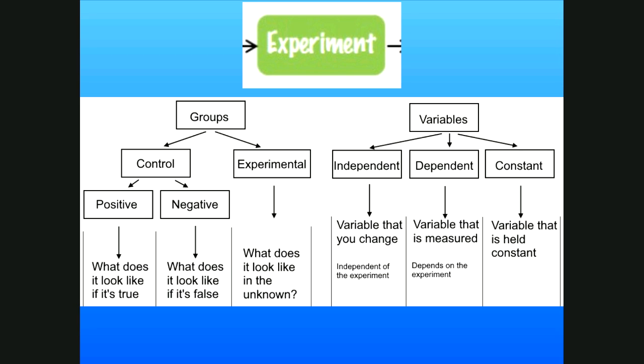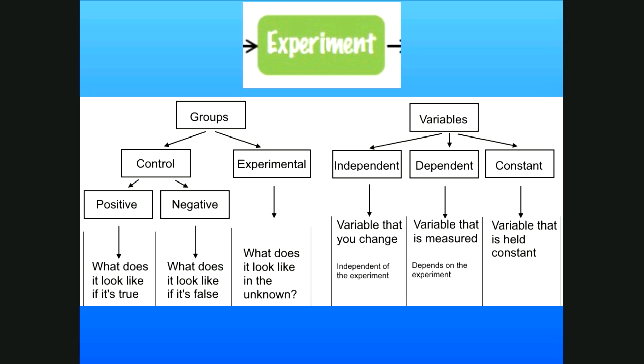The other thing you've got to pay attention to is your variables. Ideally, in an experiment, you're holding most variables constant. You're going to try to make sure that there's really only one variable that you manipulate. That is the independent variable, the variable that you change.